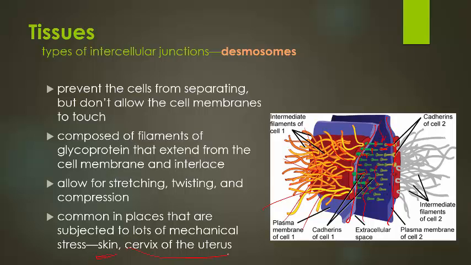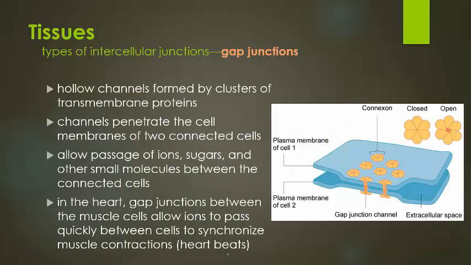The last kind of intercellular junction are the gap junctions. These are connections that hold together the two membranes. You can see the proteins that build the gap junction. There's usually 6 of them. They extend all the way through the cell membrane, and they fuse with the protein sticking through a second cell membrane.